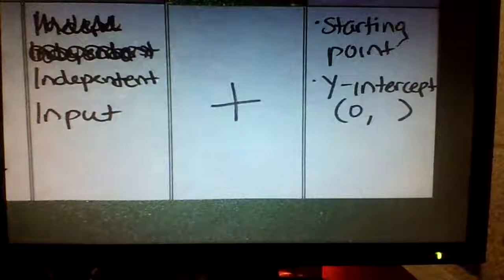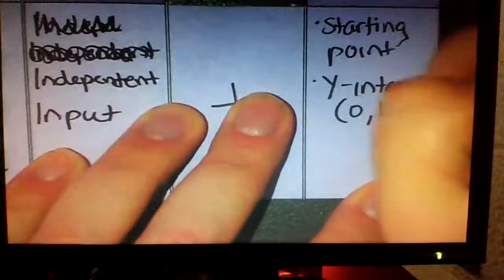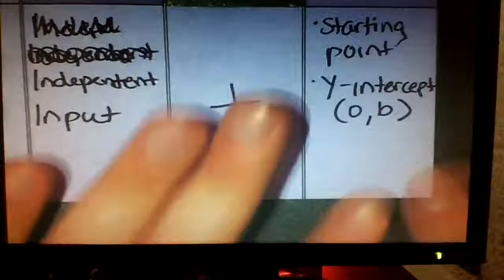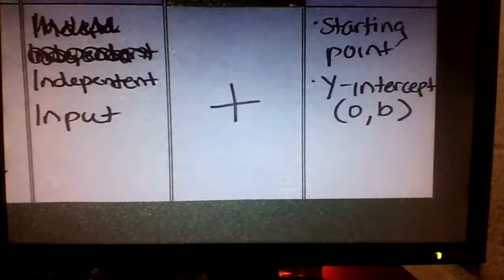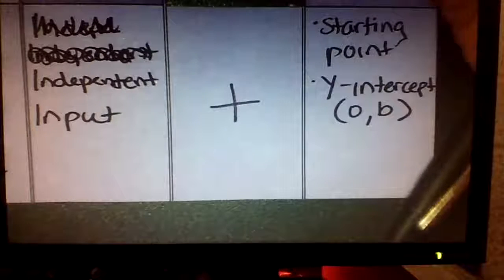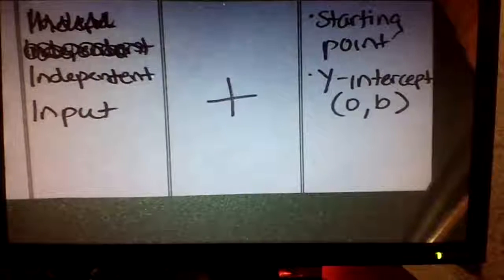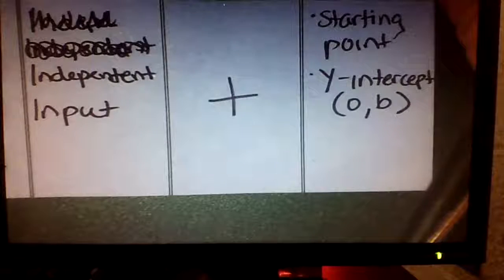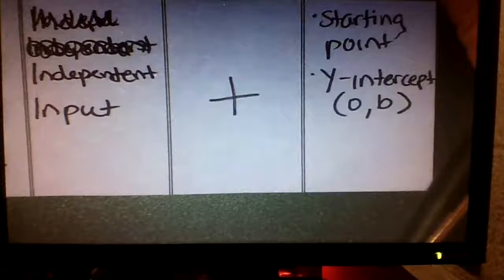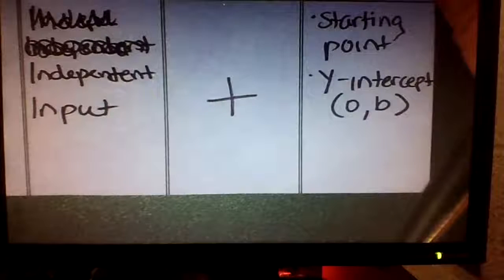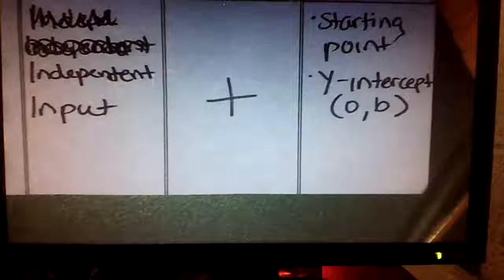So this point is always 0, comma, whatever this value is. So (0, b) is your y-intercept.